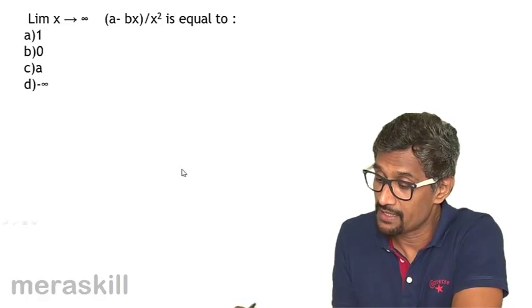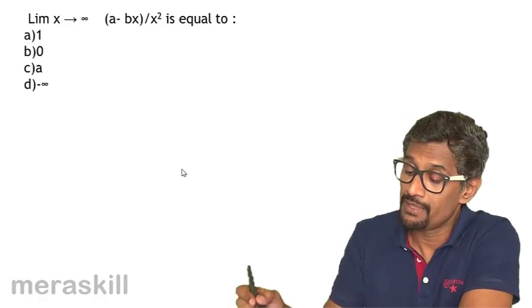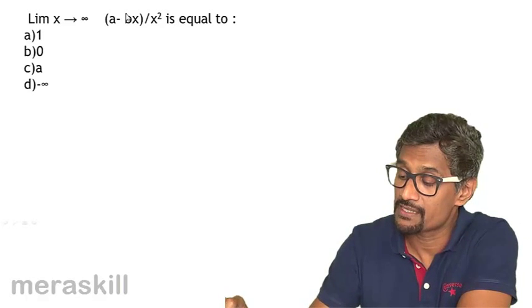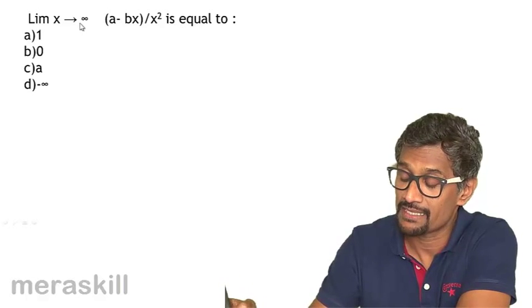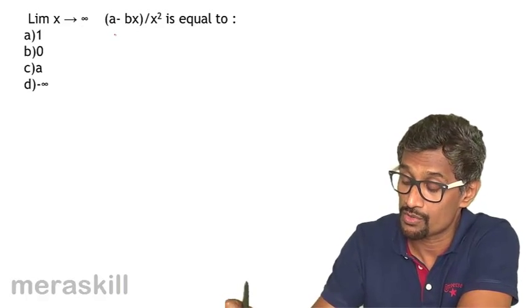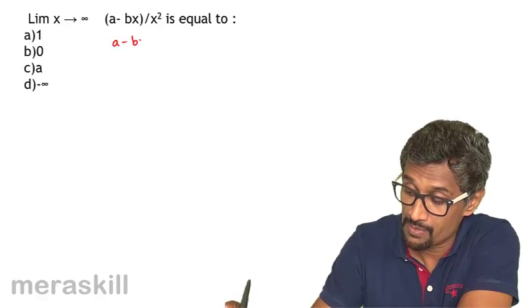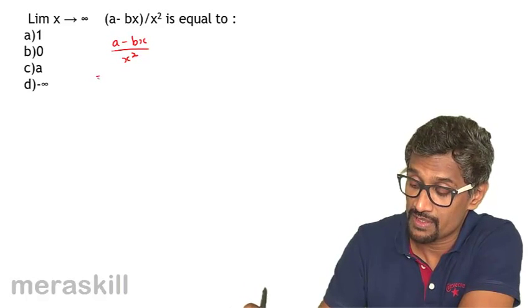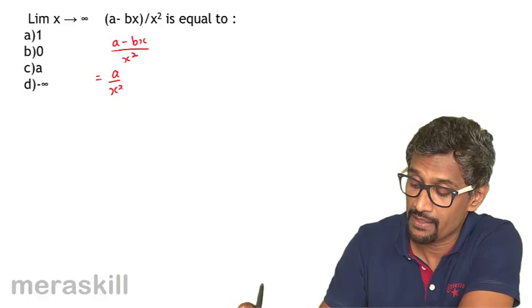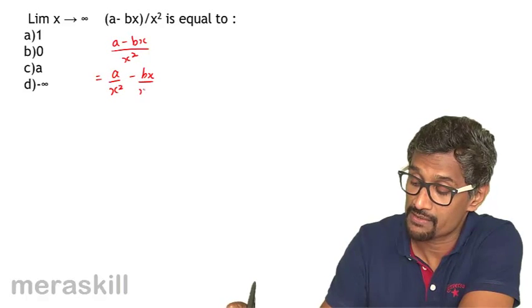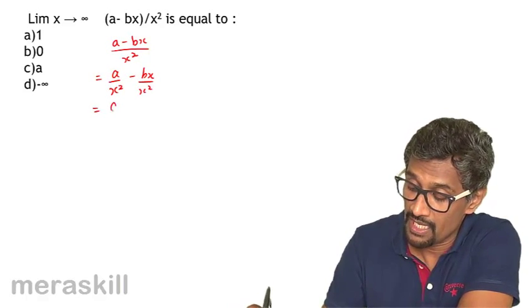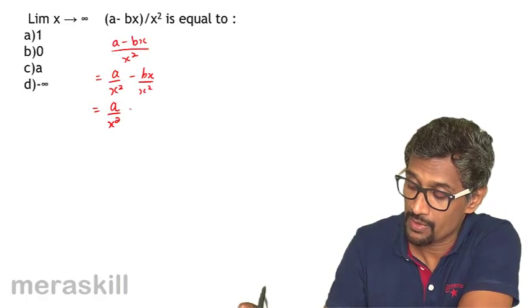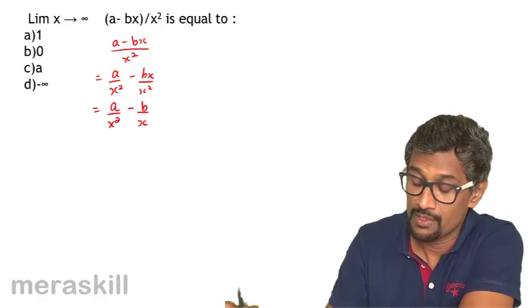Next we have limit of a minus bx divided by x square as x tends to infinity is equal to what? So it is a minus bx upon x square. So this will be written as a upon x square minus bx upon x square, which will be a upon x square minus b upon x.